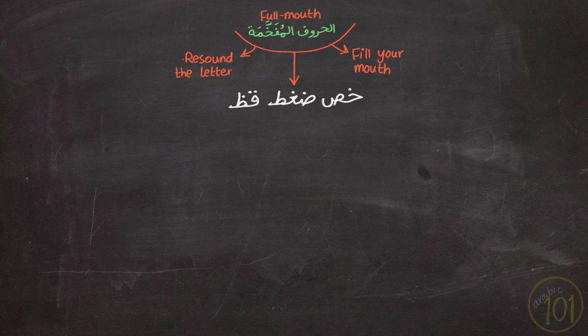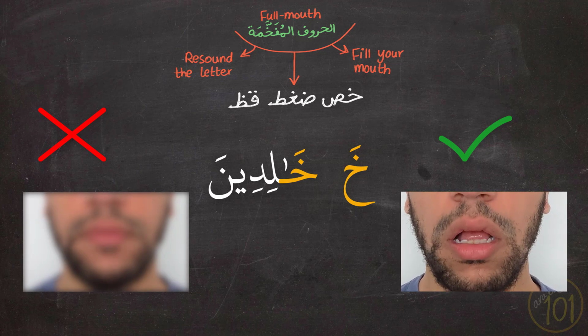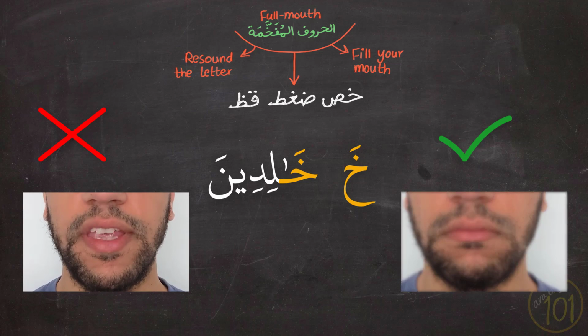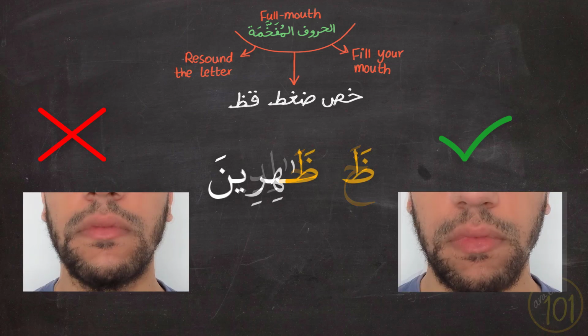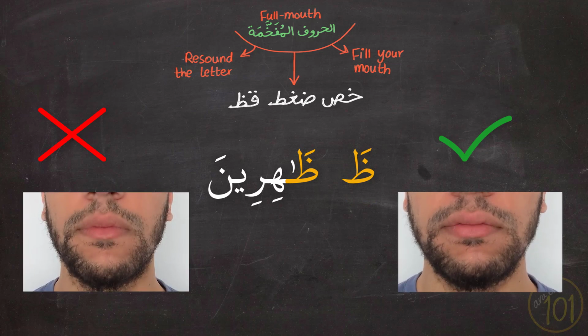Let's compare how they look and sound like if they are pronounced properly to when they are mispronounced. Kha, khalidin. Kha, khalidin. Dha, ظاهرين.